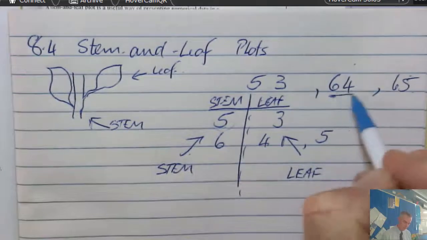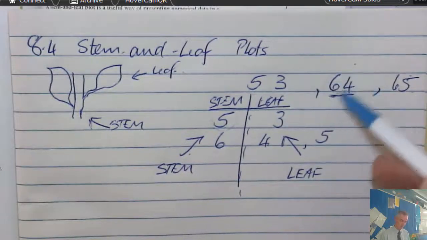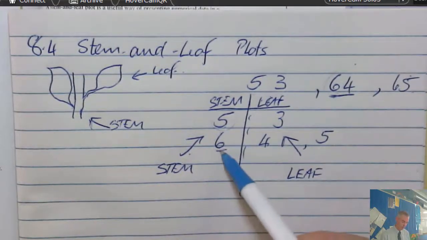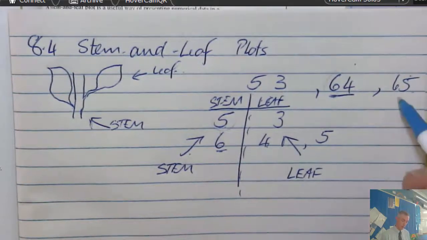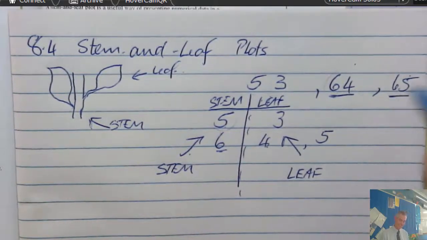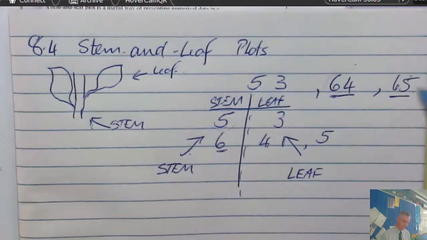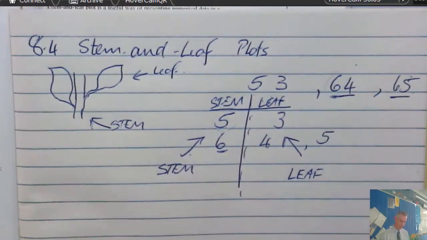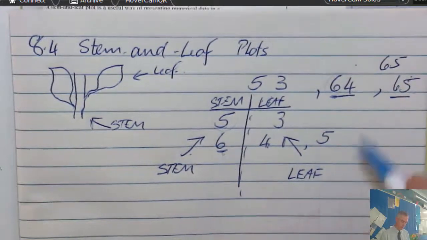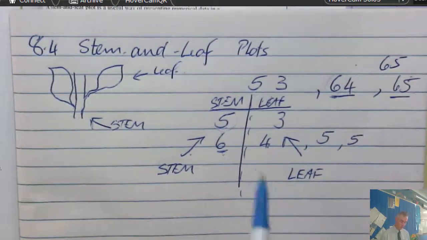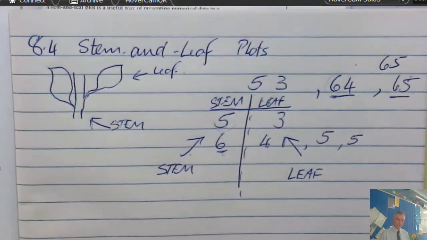If I have another number, I also do that. The stem, the 60, the main part goes in there, and the leaf goes on the other side. If I had another number in the 60s, I keep that stem and just add one more leaf, the 5. And if I've got another 65, well, I keep the stem and add another 5 on there. So I'm building up the scores on this side.